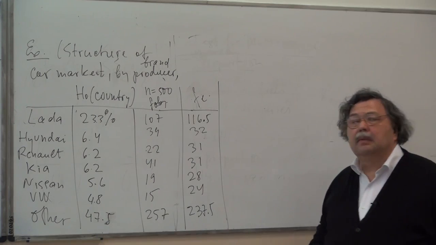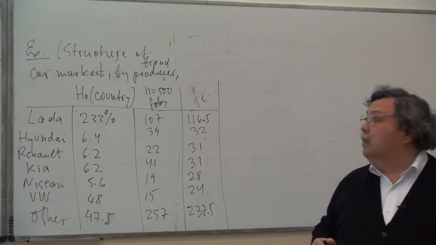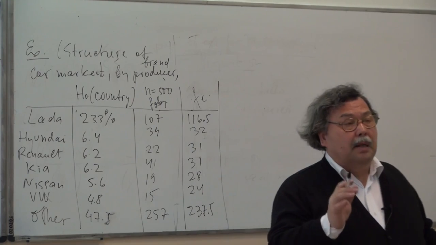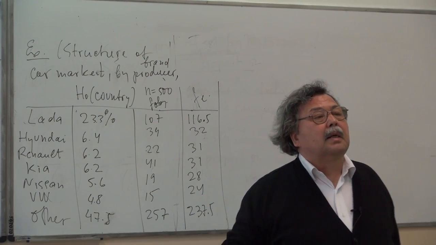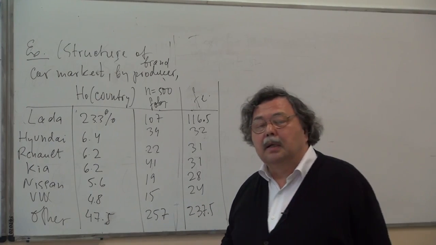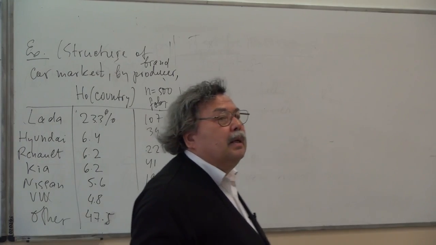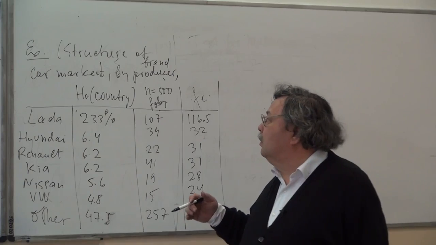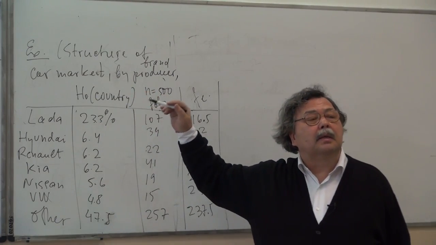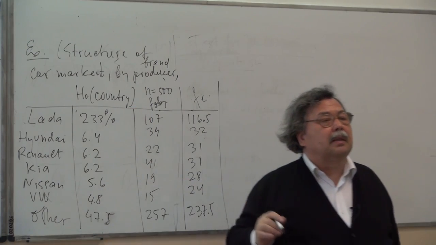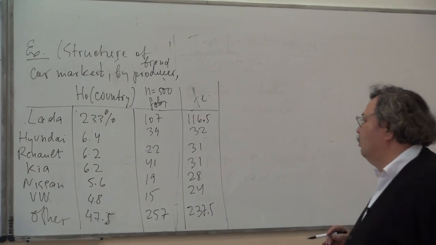So we can see that the expected frequencies and the observed frequencies do not match ideally. There are some discrepancies, and the question is, are these discrepancies considerable enough for us to say that no, we do not accept the null hypothesis. We do not believe that in this particular region the car market is structured in the same way as in the country as a whole.